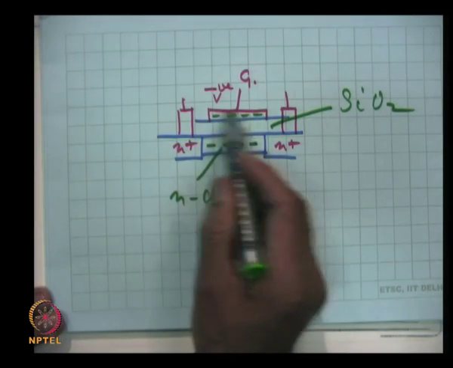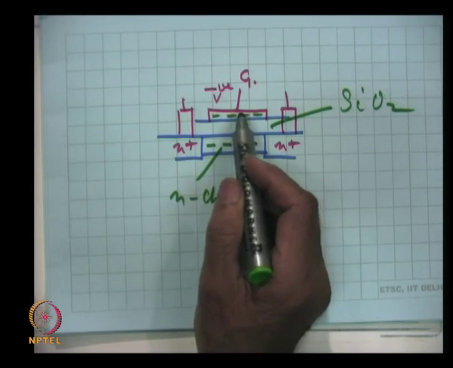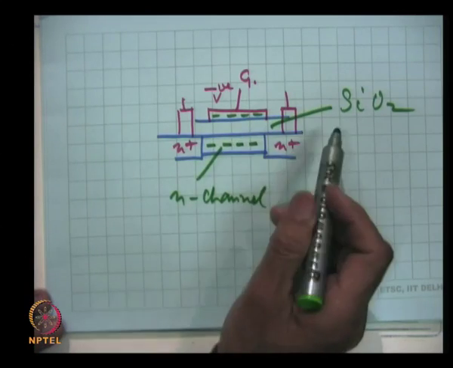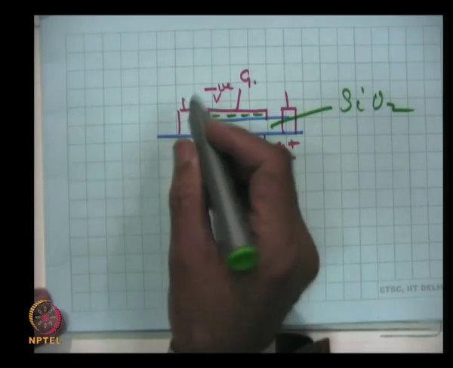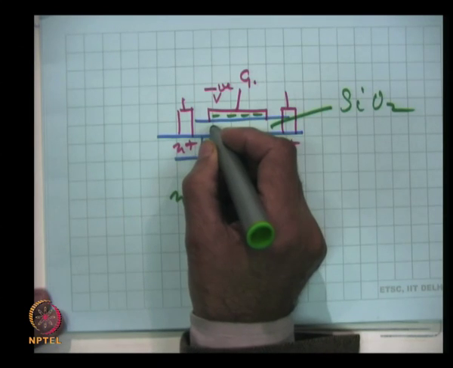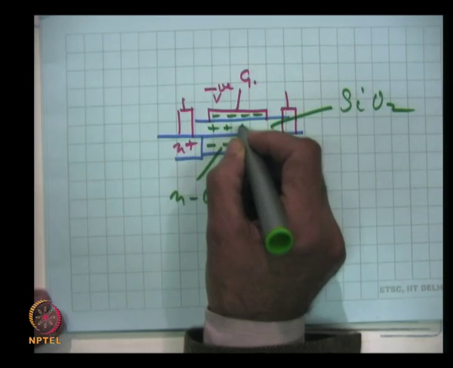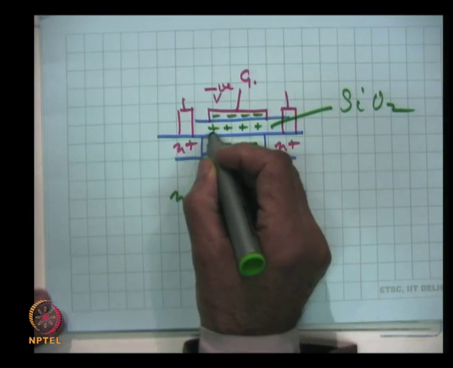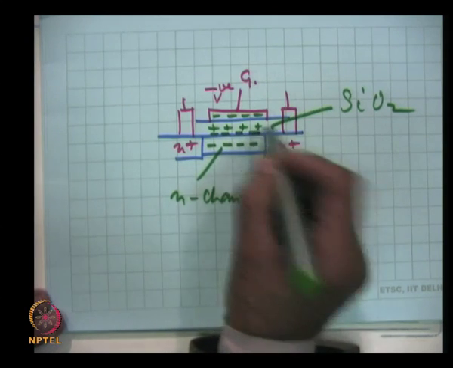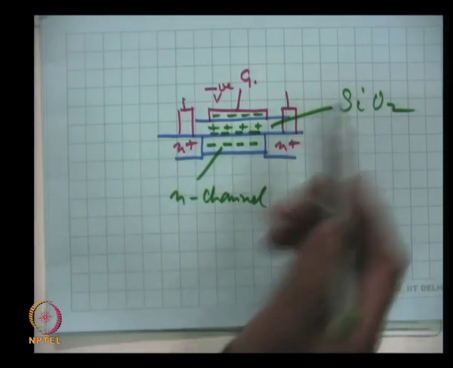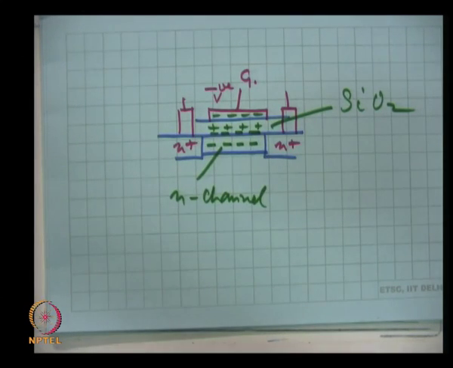This field at the gate, very important, the field at the gate will polarize this SiO2, it will induce positive and negative charges, they are bound charges in the insulator, SiO2 is an insulator, there are no free charges.